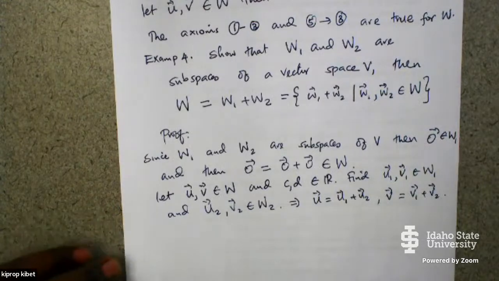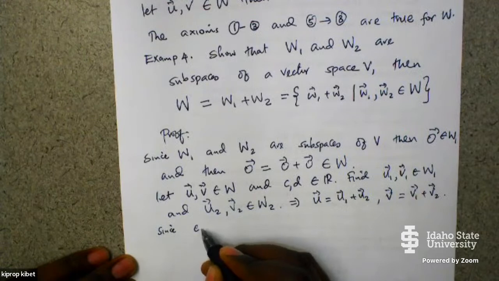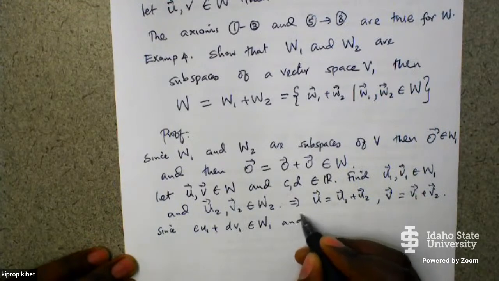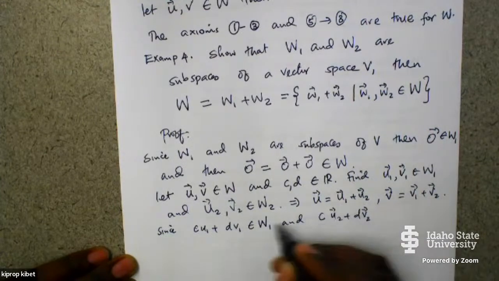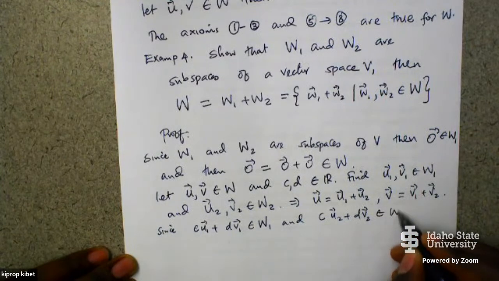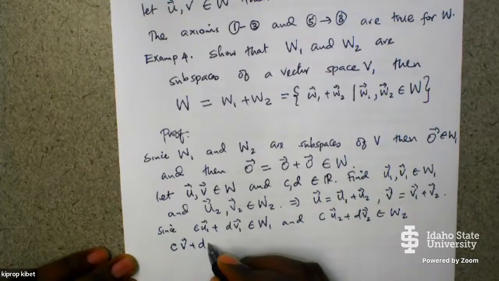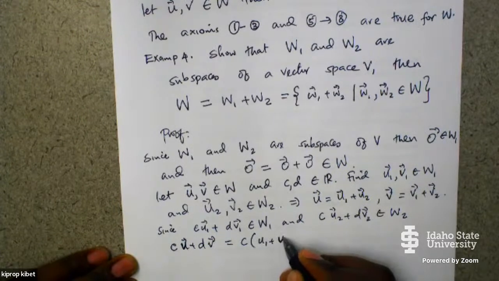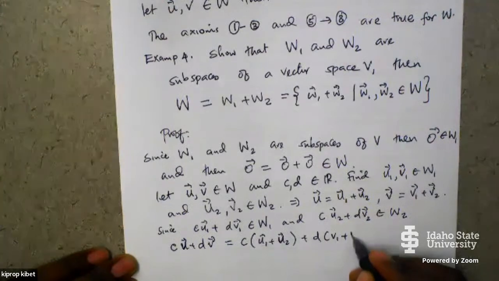So then, since cu1 plus dv1 are elements of W1 and cu2 plus dv2 are elements of W2, then cu plus dv equals c(u1 plus u2) plus d(v1 plus v2).